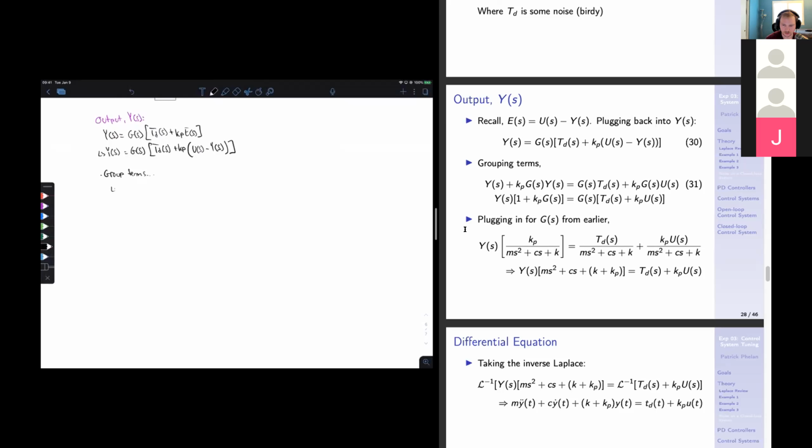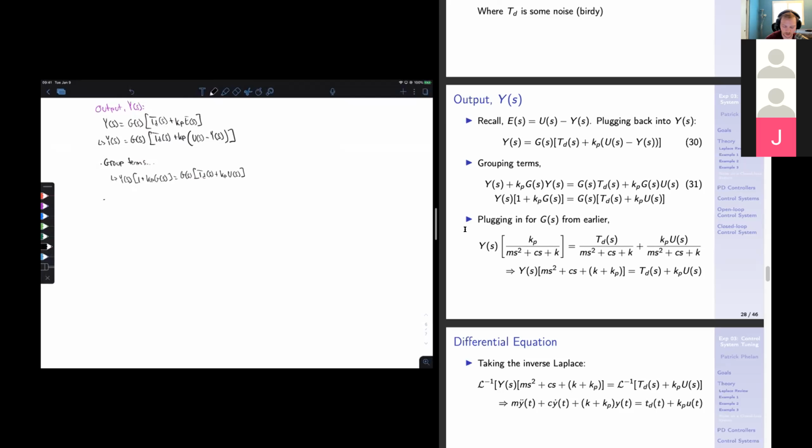And then we're going to get Y sub S times 1 plus KP G sub S equals G sub S TD of S plus KP U sub S. I know my handwriting isn't great, so that's why we have the slides though.